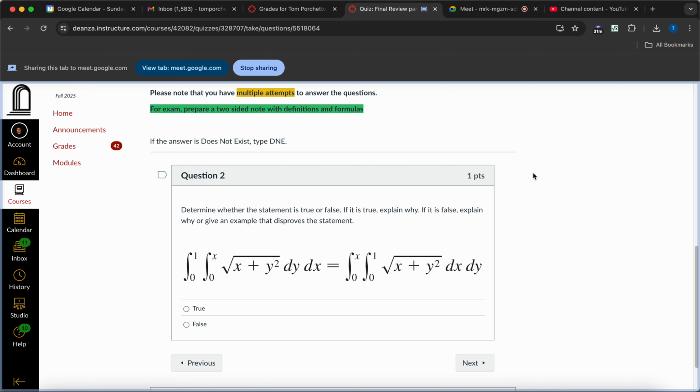But for x, that will be y to 1, because y equal to x becomes the plane for x, and the maximum bound for x would be 1. So instead of 0 to x and 0 to 1, it should be 0 to 1 and y to 1 for dx dy. So the answer is false.